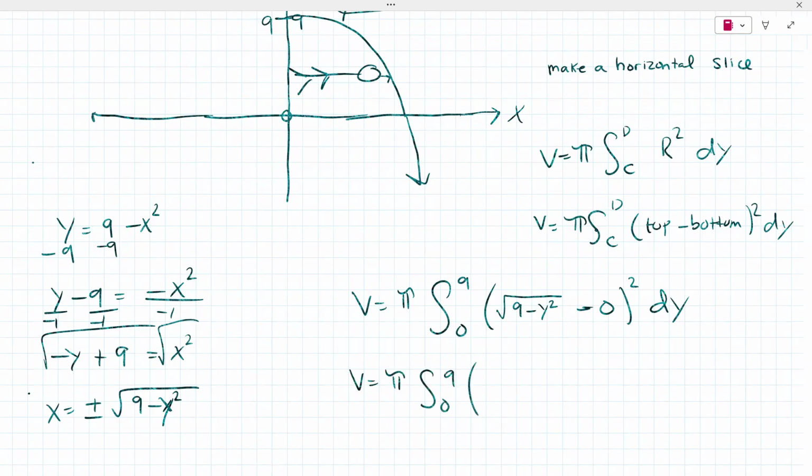This is just square root of 9 minus y. And then when you square that, that's just 9 minus y. Wait, there's no square here, right? Yeah, it's just 9 minus y.